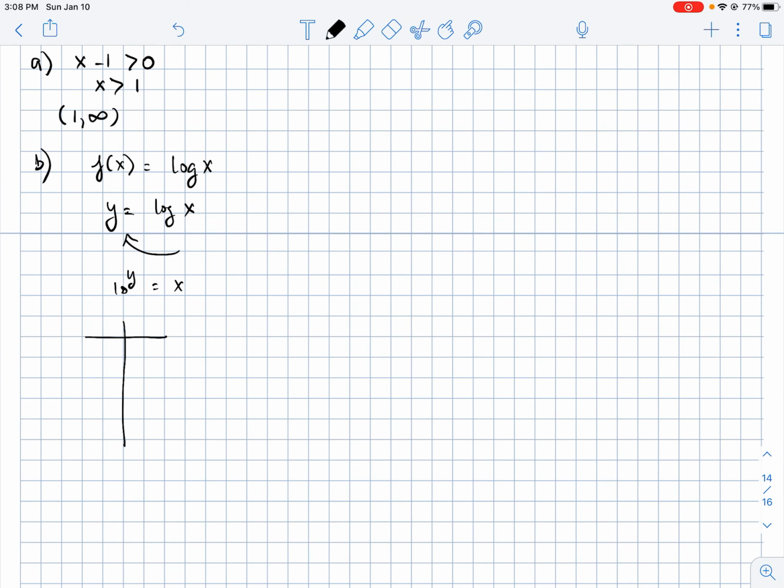We will make the table, and it will be easier for us to choose y first. So we make y negative 1, 0, and 1. And then we have 10 to the negative 1, 10 to the 0, and 10 to the 1. And then we plug in the points.